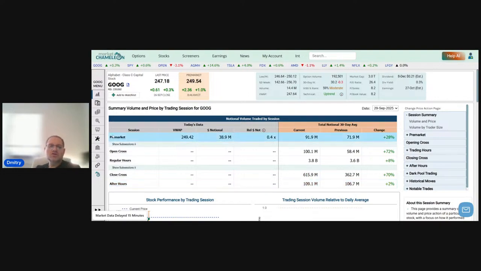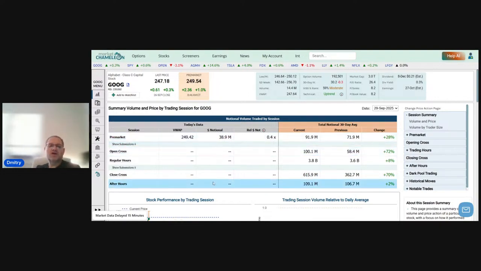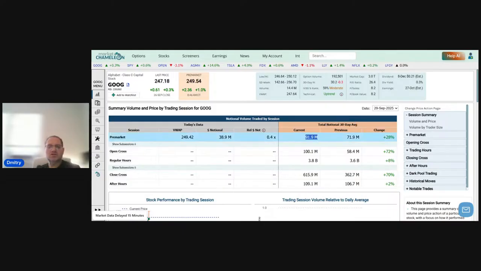And then we get this breakdown of the volume. Here, in the last 30 days, we could see the average daily volume in pre-market was about $92 million worth of shares. So we convert the volume to dollar value, because one share of Google at $247 could be different than one share of a stock that's $10.